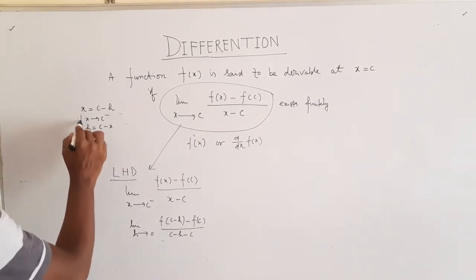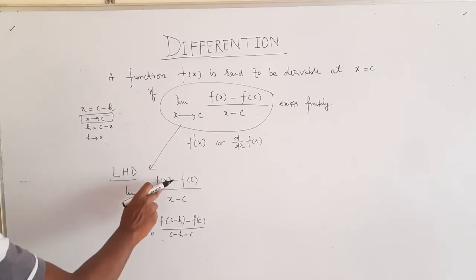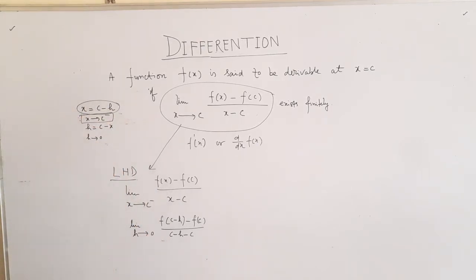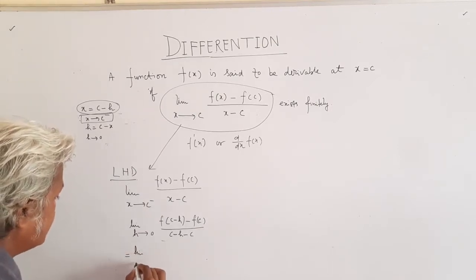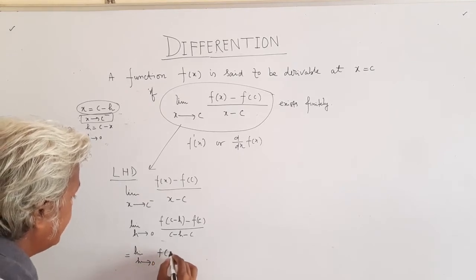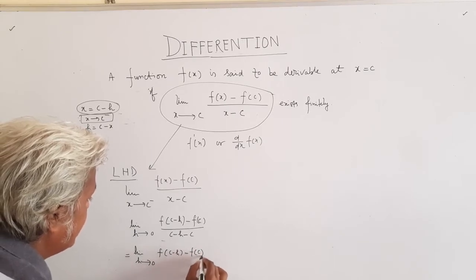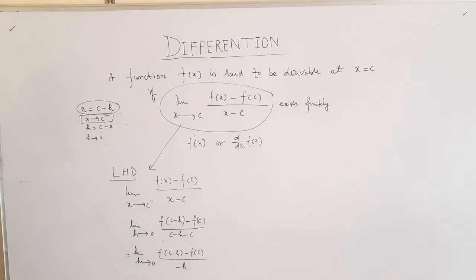So the limit x tends to c minus will be replaced by limit h tends to 0, and x will be replaced by c minus h. Now if I further simplify, this becomes limit h tends to 0 of (f(c minus h) minus f(c)) over minus h. I hope you can see properly.